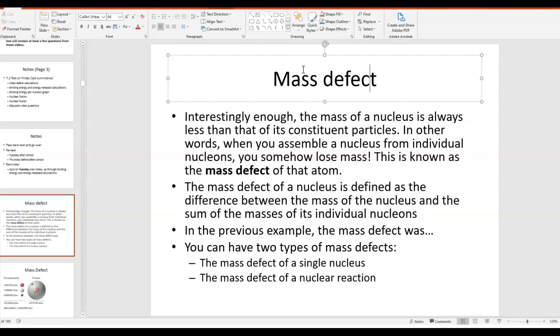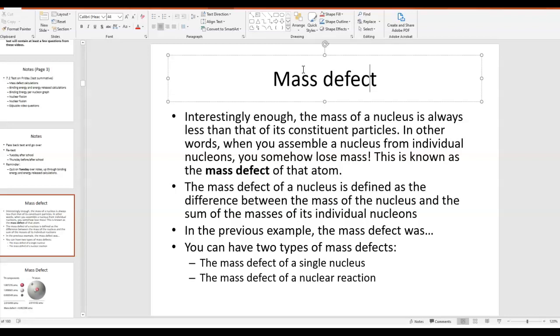So in other words, when you assemble a nucleus from scratch, from the individual pieces, you somehow lose mass. This is an example of what's called mass defect. The mass defect of a nucleus is defined as the difference between the mass of the nucleus and the sum of the masses of the individual nucleons. In other words, the calculation we did on the last slide was a calculation for mass defect.